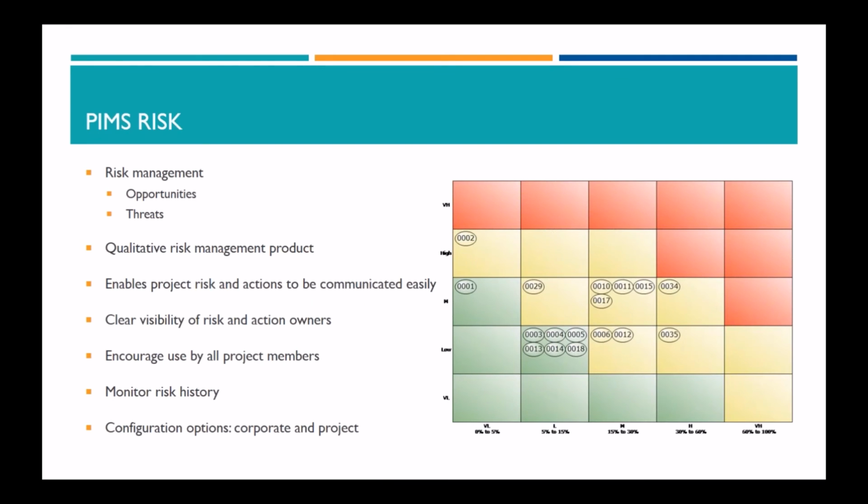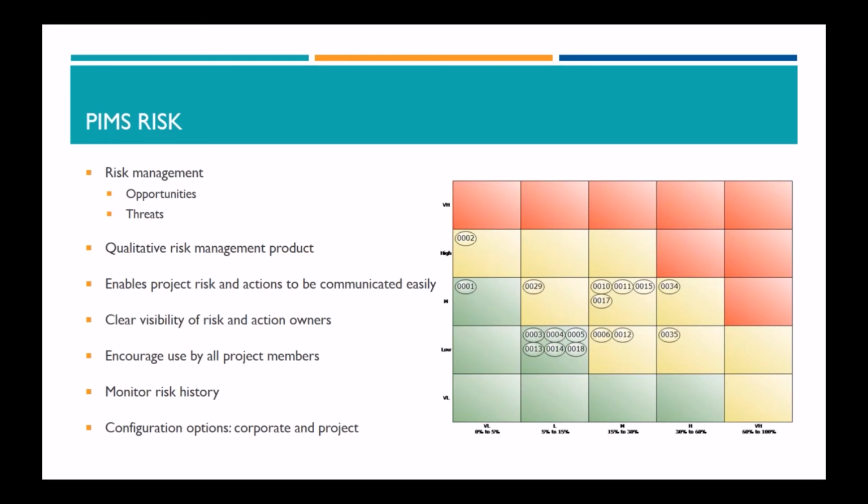It also encourages use by all project members, so everybody in the team can create and insert a risk, be it a threat or an opportunity. Okay, we don't want to restrict the likelihood of risks being added to the system by having people wait for only certain people like the risk specialist to input them.